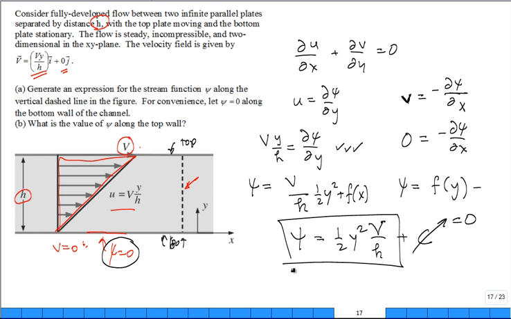So that is our expression for the stream function right here. What is the value of the stream function psi at the top wall? Well, psi at y equal to h is equal to 1/2 cap V h squared divided by h. So we'll get rid of one of those h's, and there you go. Okay. You can also work out the volumetric flow rate.